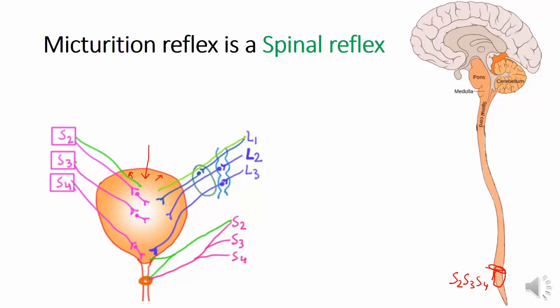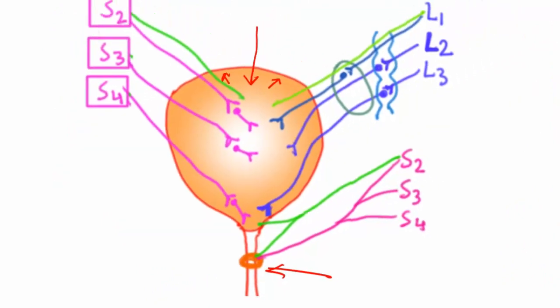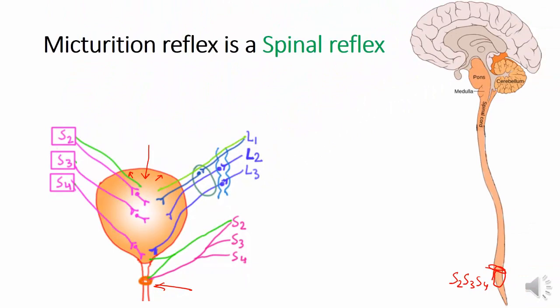So micturition is a spinal reflex action, but it can be controlled voluntarily by contracting the external urethral sphincter and via the influence of the higher brain centers, that is inhibition by the midbrain and facilitation by the pons and posterior hypothalamus, and there is some influence of the cortical area.